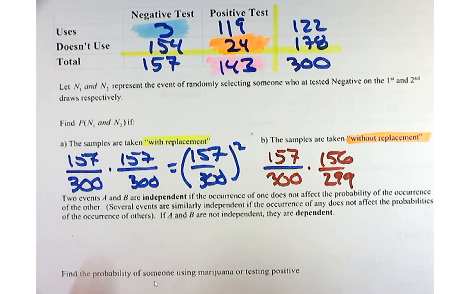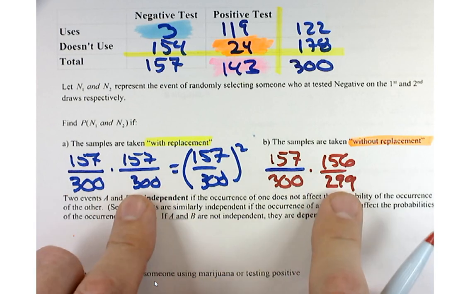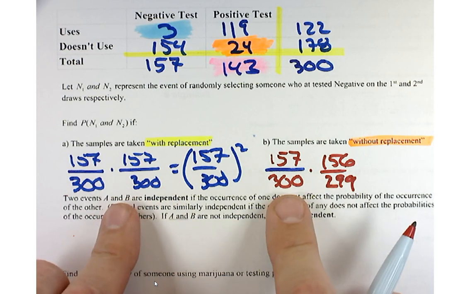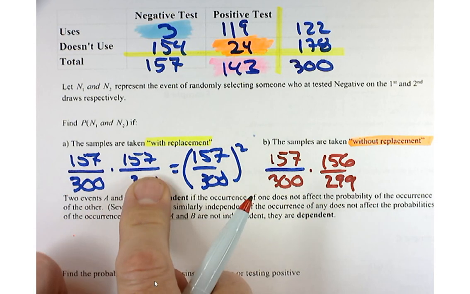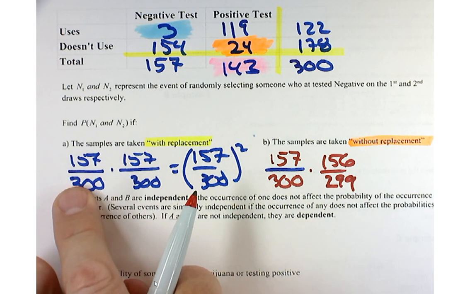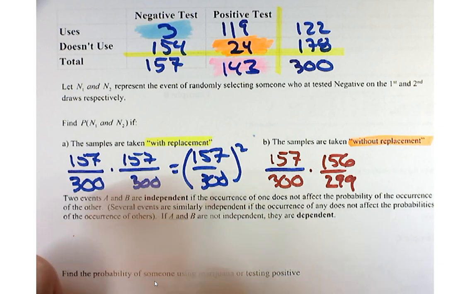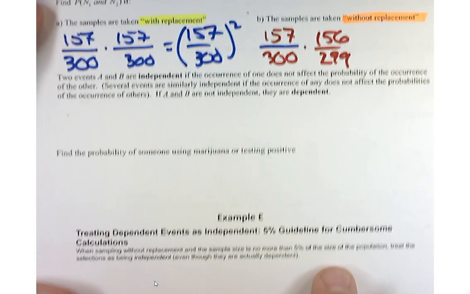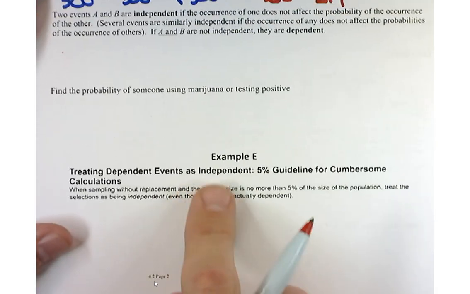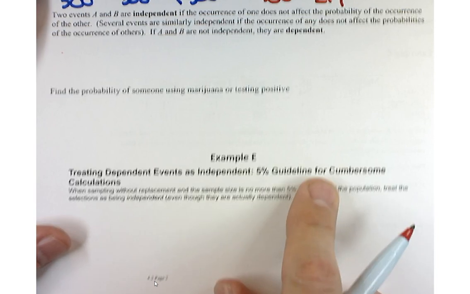So which one of these is independent of the other one? A. Yeah, A. Because the result of the second trial doesn't have anything to do with the result of the first trial. Those probabilities are the same. Here, they're close to being the same. And in fact, the author has something pretty convenient here, which is called the 5% guideline.